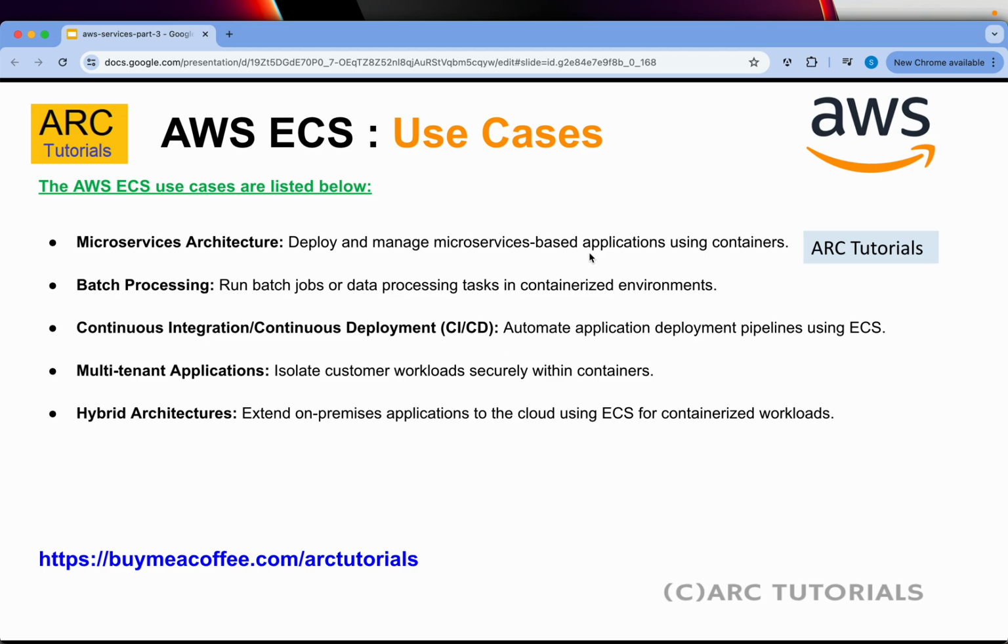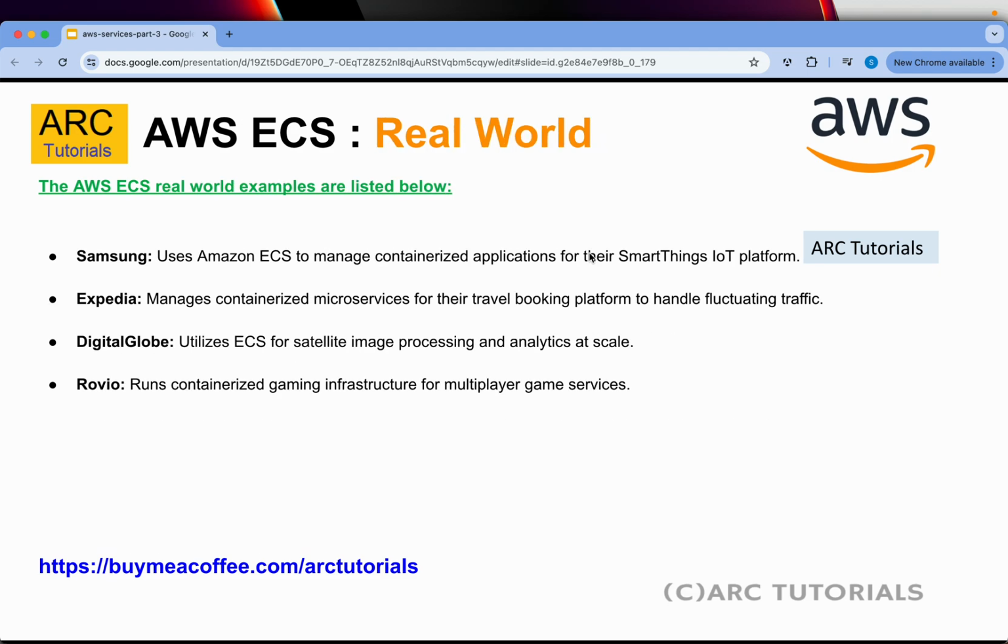Multi-tenant applications, isolate customer workloads securely within custom containers. So if you're building a SaaS application and you have a multi-tenant architecture, you can easily isolate containers for each of the tenants accordingly. Hybrid architecture, you can have ECS containerized workloads deployed on premise in your VPC or in a public cloud.